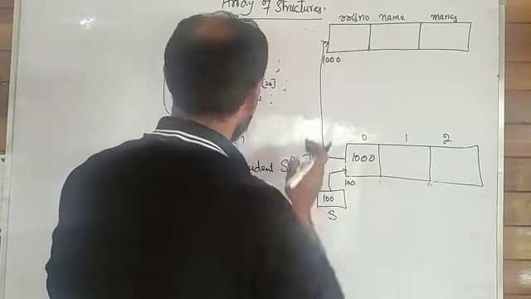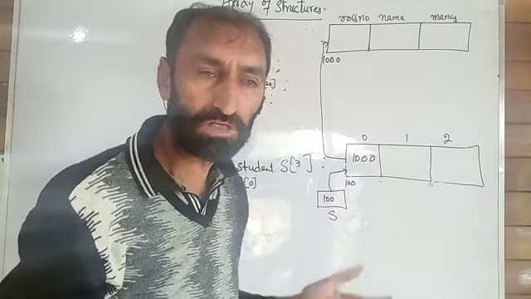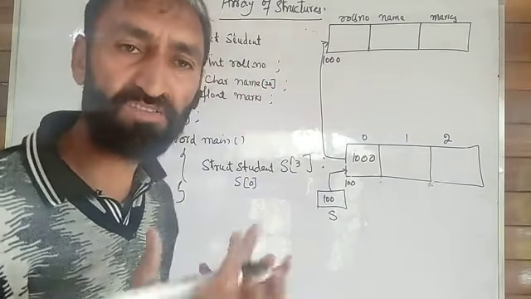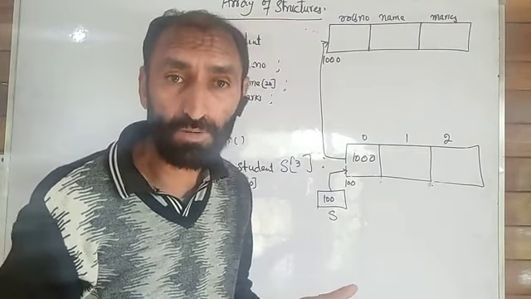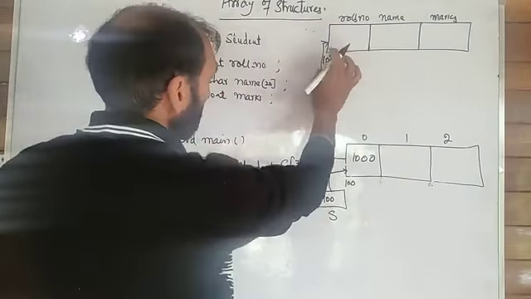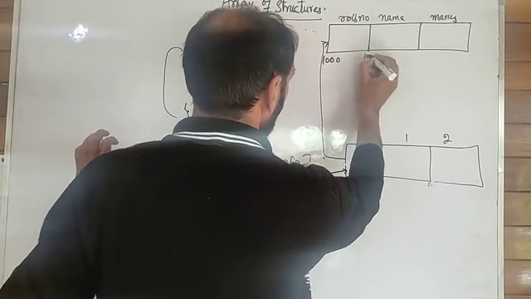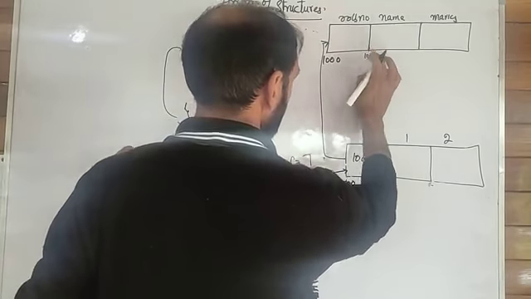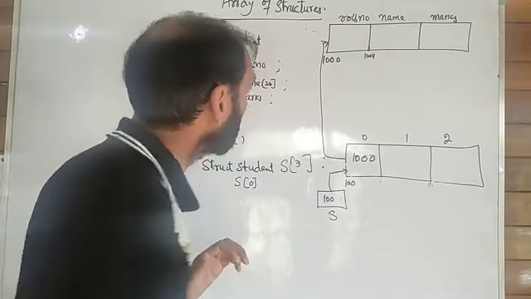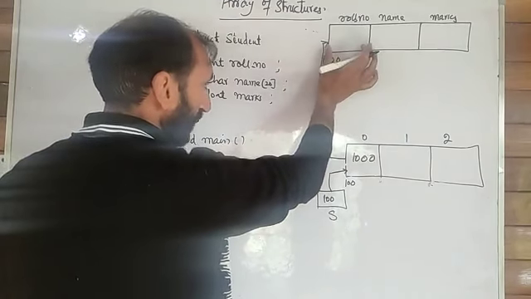And obviously, we know that roll number is of type int. How many bytes does an integer occupy? Yes, it occupies 4 bytes of memory. So we can say from here up to this it is 1004, because this is the base starting address and it will occupy 4 bytes of memory.